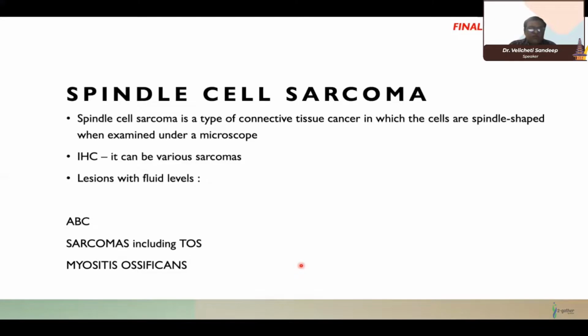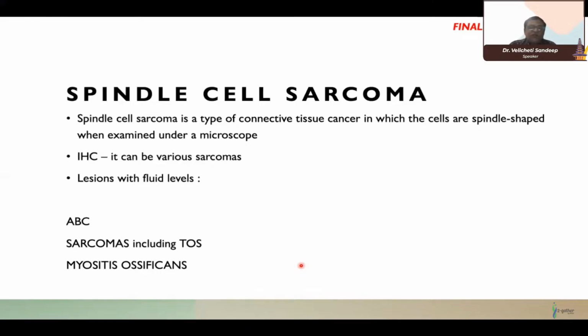So the lesions with fluid levels need to be identified in the musculoskeletal system. One is aneurysmal bone cyst, which is far more common compared to the others, but keep in mind that so many other tumors can produce them. Telangiectatic osteosarcoma is one of the popular tumors which can produce fluid levels, hemorrhagic levels, just like our sarcoma, that is, bone sarcoma.